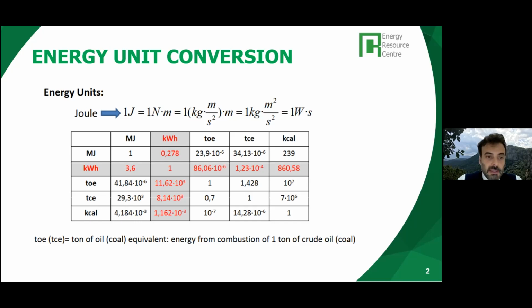Other units are the tons of oil equivalent, very much used when we talk about primary energy, or the tons of coal equivalent, and calories when we talk about heat. That's a very commonly used unit.